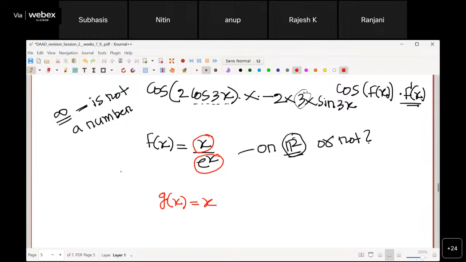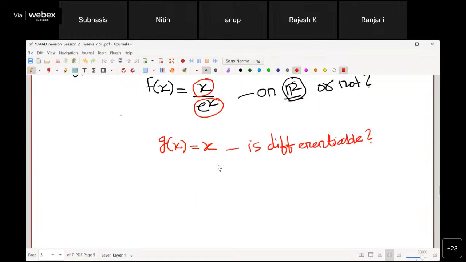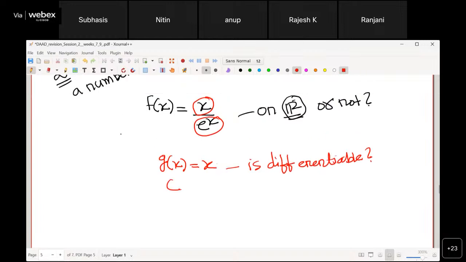Whether this function g is differentiable? Yes, this is a polynomial function, right? So this is always differentiable. So g is differentiable, right?